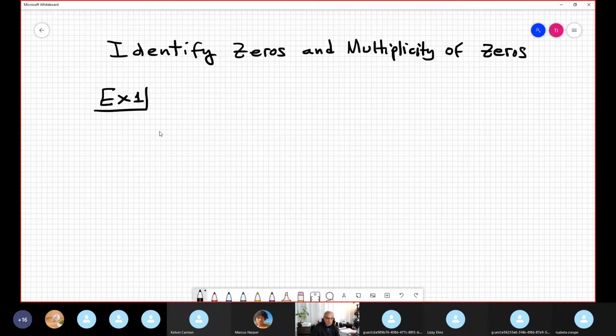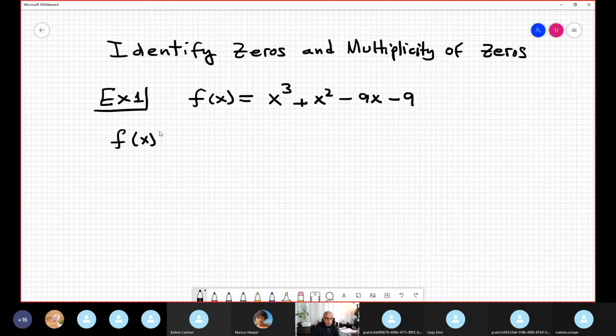Suppose f of x is equal to x cubed plus x squared minus 9x minus 9. Okay, entonces, identify the zero means that you set the function equal to 0. It's the same idea that we discussed before.